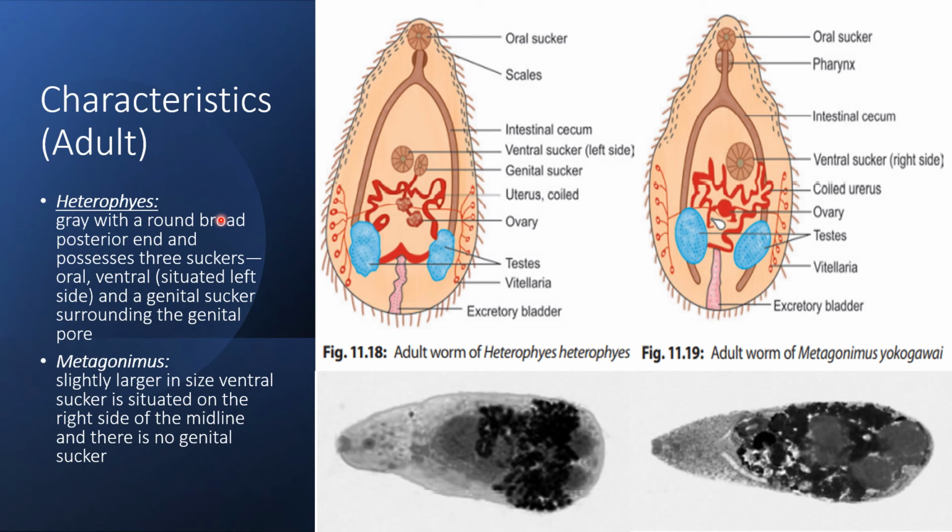Another differentiating characteristic is that the ventral sucker of Heterophyes is situated on the left side, compared to Metagonimus, which is situated on the right side. The ventral sucker of Metagonimus is also quite larger compared to Heterophyes. The posterior end is broad, kind of rounded.